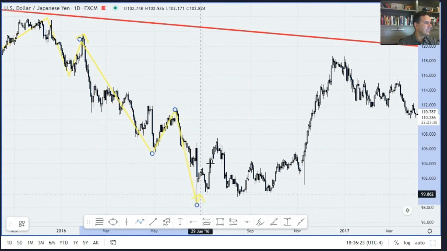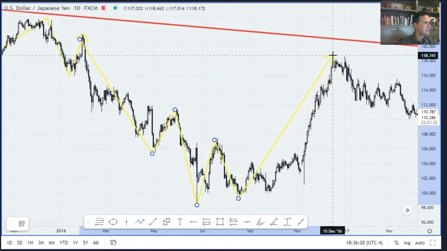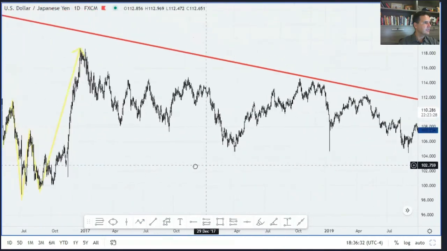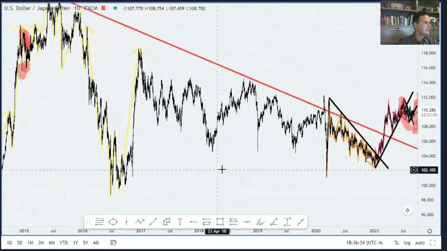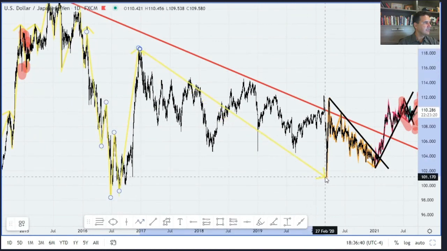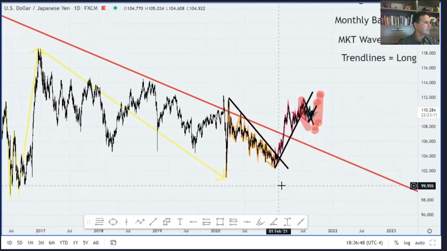And it reversed again. Extension, retracement, extension. And whoa. Extension, retracement, extension, retracement, and so on. See?